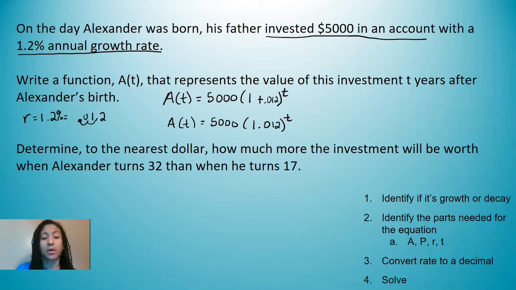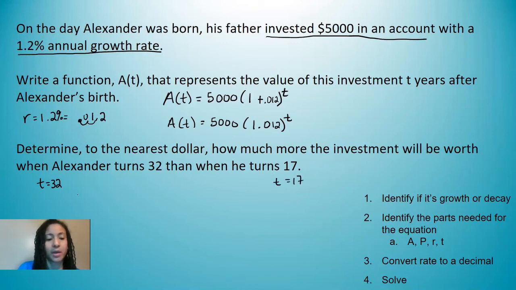Now the second part. It wants us to determine how much more the investment would be worth. So we have to calculate this 2 times. The first time, we're going to calculate at 32 years old. And then the second time, we want to calculate when he was 17 years old. So we have 2 different t's in this case. The first t is representing 32. And our second t is going to represent 17.